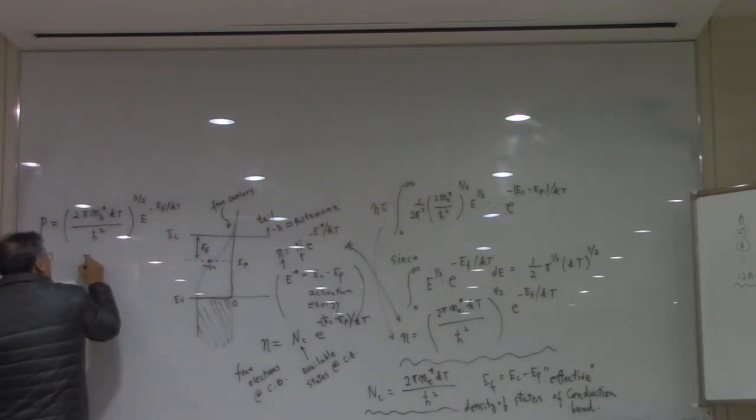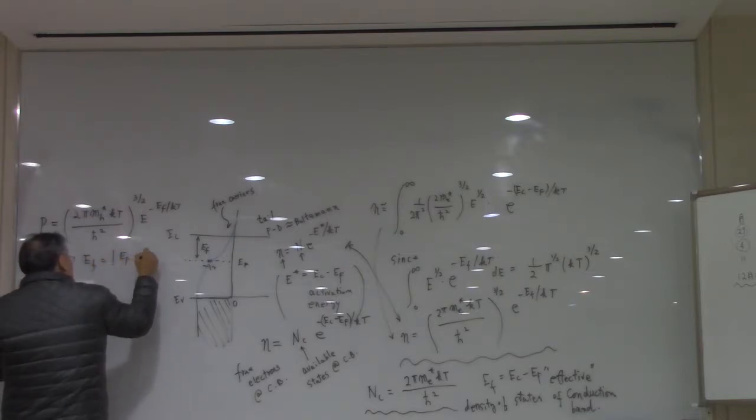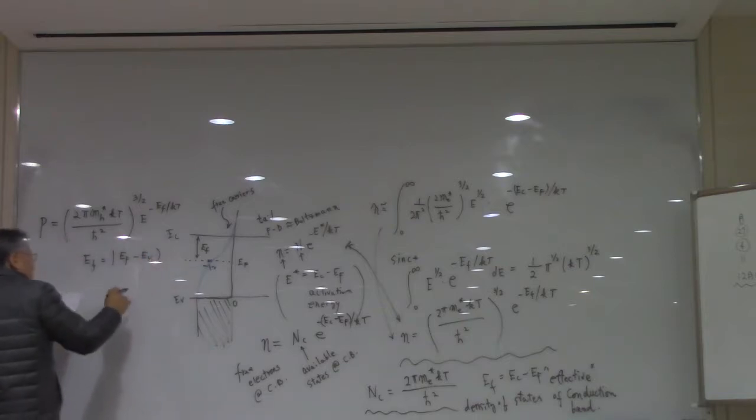Now here the EF is EF minus EV, the valence band.